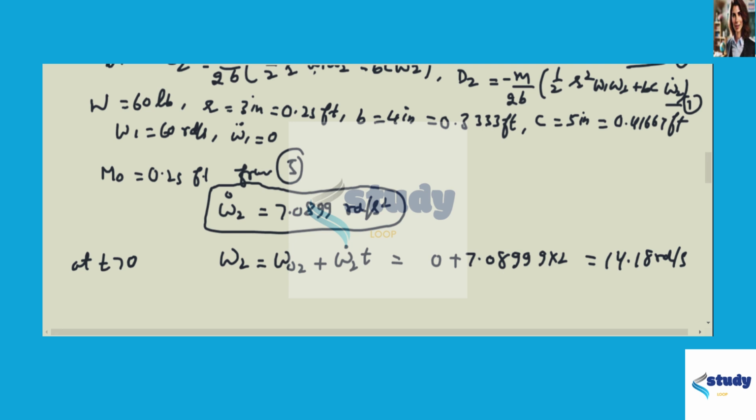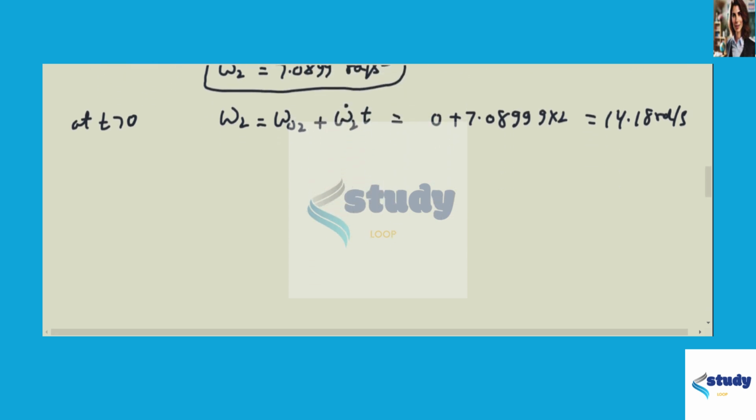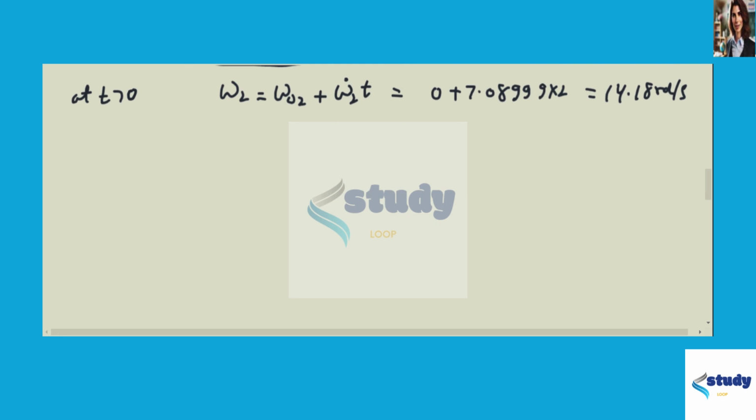From equations 6 and 7 we can find C x, D x, C z, D z, where M o becomes 0. This is at t equal to 2 seconds.